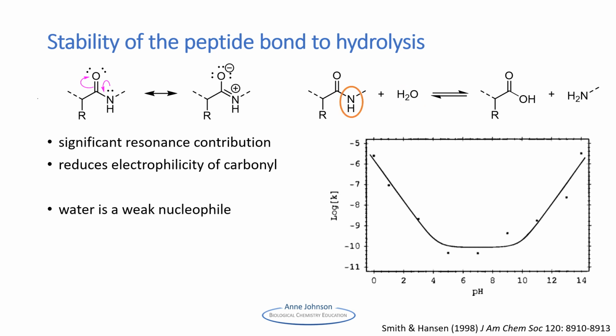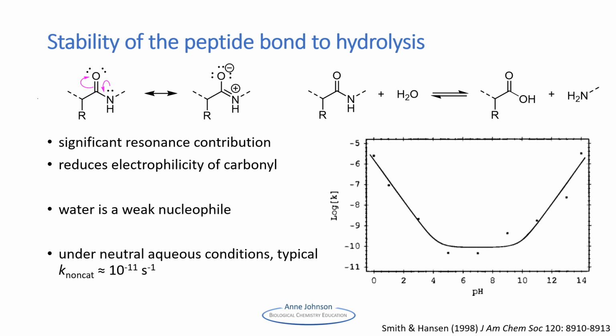Thirdly, the amine is a poor leaving group. Under neutral conditions, a typical rate of hydrolysis is around 10 to the minus 11 seconds to the minus 1. Another way to look at this is that it would take about 31,500 years for a single peptide bond to be hydrolyzed at neutral conditions without any catalysts.